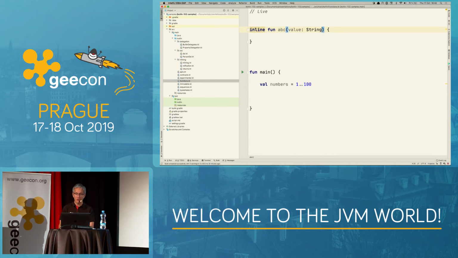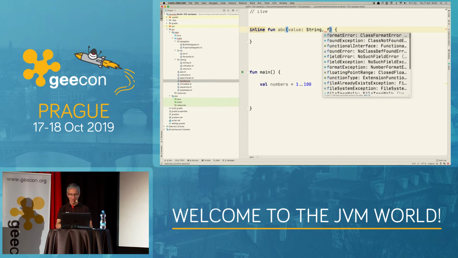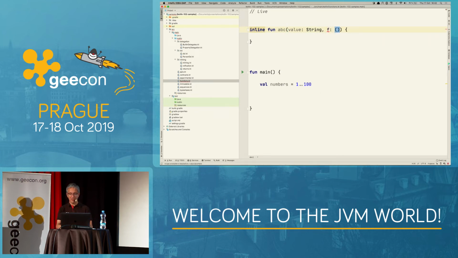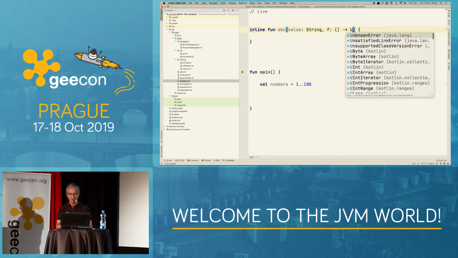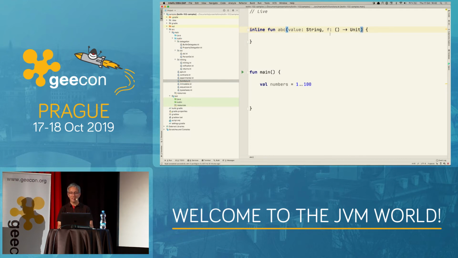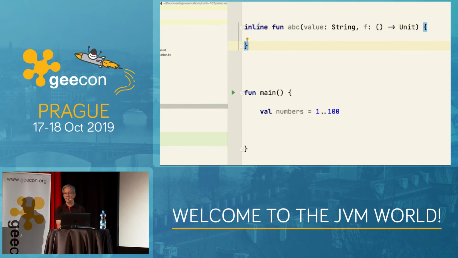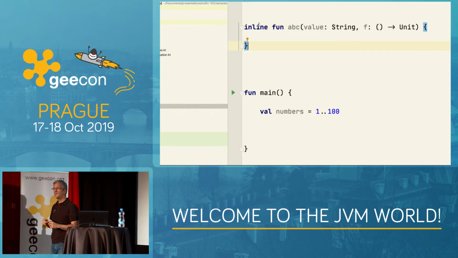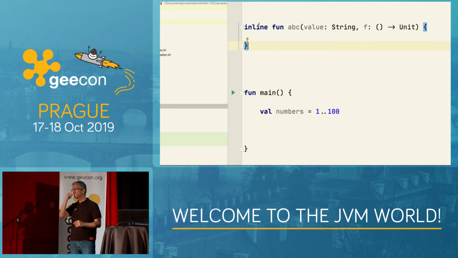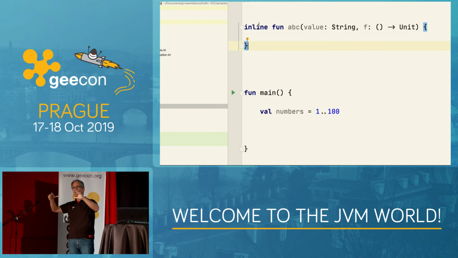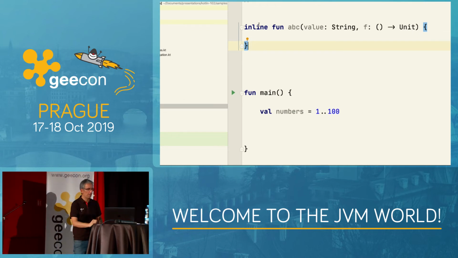When you inline, usually is when you have higher order functions, because it also inlines the lambda. So in this case, if I add a higher order function that, for example, takes no parameters and returns a unit, then the inline warning goes, because it makes sense for the function now, right? Because now I'm not only inlining the call to that function, but also the contents of that lambda.